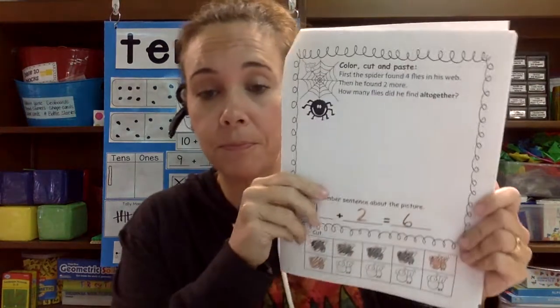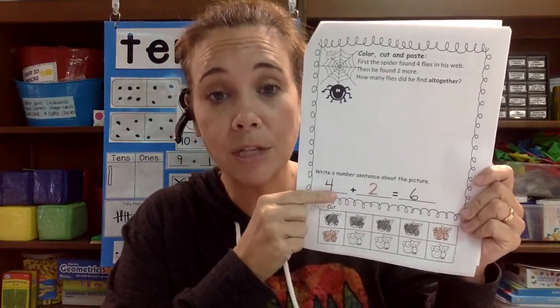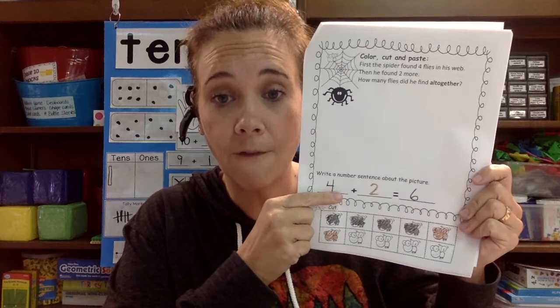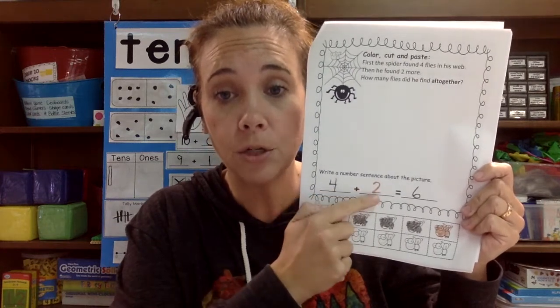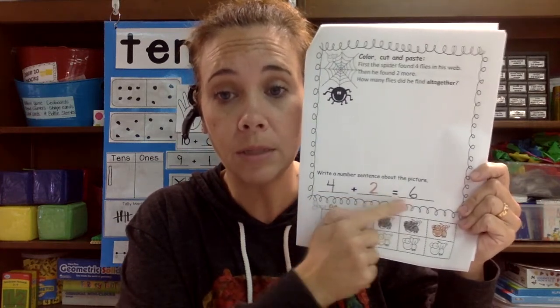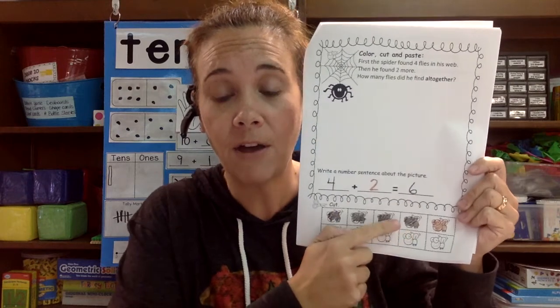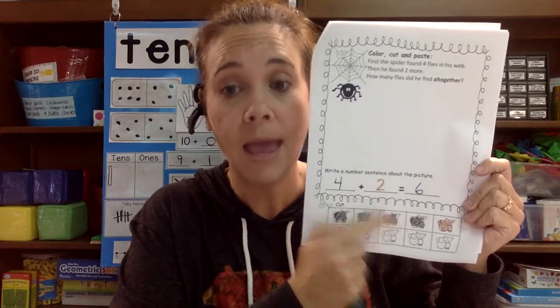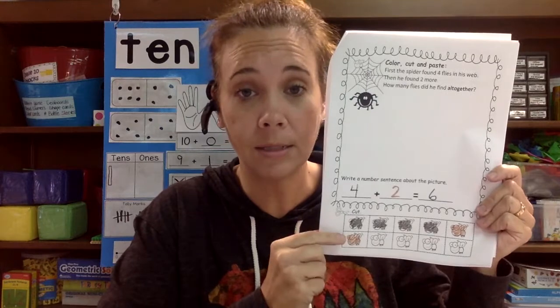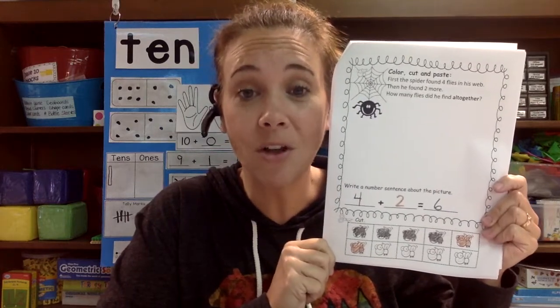So we can write 6 on the last line of our number sentence. Now our number sentence shows what happened in our story. 4 plus 2 equals 6. He found 4 black ones in his web, and then 2 more brown ones, and that equals 6 altogether.